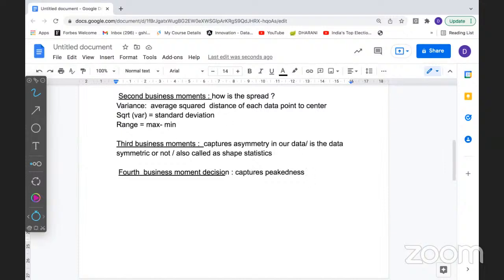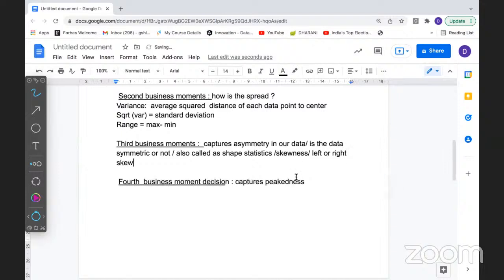This is also called skewness, right? And it can be left or right skew. Here also it captures the peakedness of the data, right?